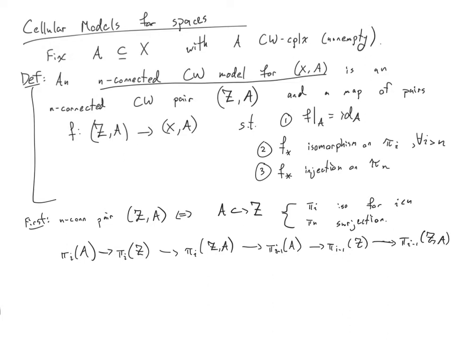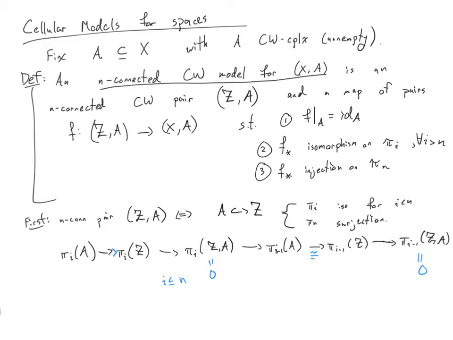So if i is less than or equal to n, this is trivial, the trivial group 0, and then this has to be an isomorphism of groups. And this map is necessarily a surjection, and it might be an isomorphism if i is strictly less than n, but it's only guaranteed to be a surjection in degree n. So recall that this is true.